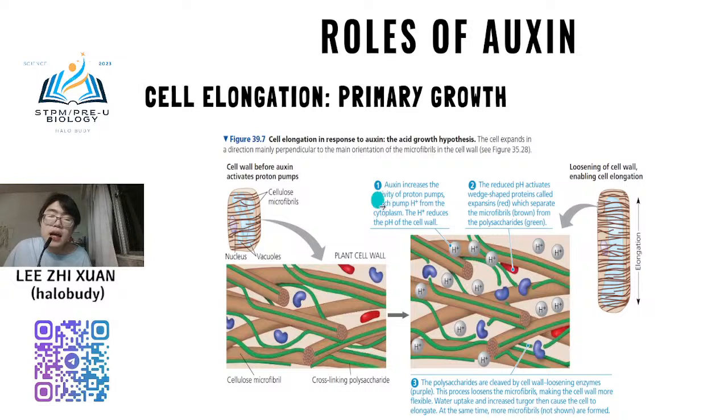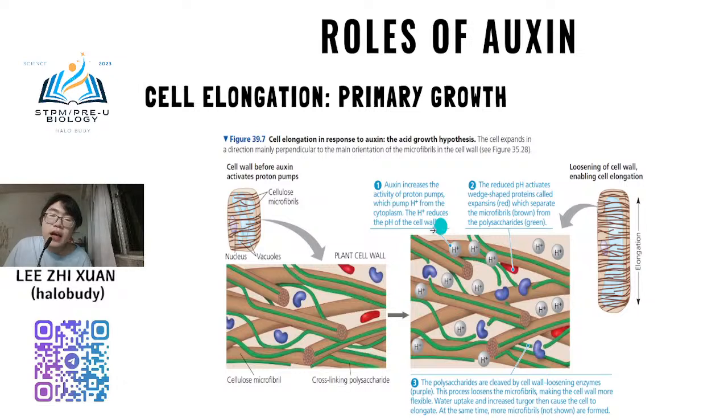Normally in cell elongation, the most challenging part is the component of the cell wall. We know that the cell wall is very rigid, and it protects the plant cell. So elongating the plant cell is not very easy. You need to soften the cell wall first. You need to loosen the cell wall structure first. How? The auxin firstly will increase the activity of the proton pump, which pumps hydrogen ions from the cytoplasm.